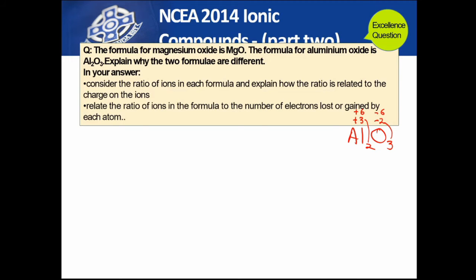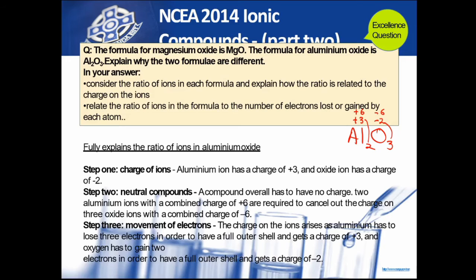Let's just see what she said. So step 1, the charge of the ions. Aluminium has a plus 3, and oxide has a charge of minus 2. You have to have a neutral compound, so the compound overall has to have no charge. 2 aluminium ions with a combined charge of plus 6 are required to cancel out the charge on the 3 oxide ions with a combined charge of minus 6.